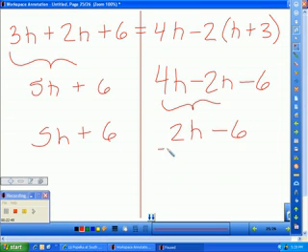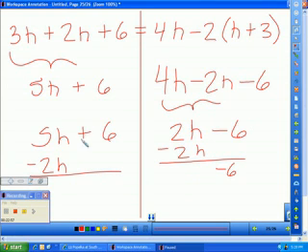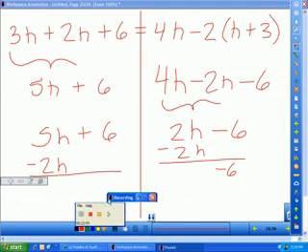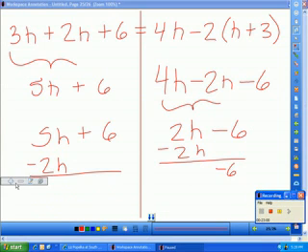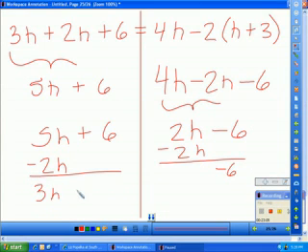I'm going to get rid of the one with the 2, which is going to leave me with a negative 6. I'm going to subtract 2h from over here, which is going to leave me with, let me scoot this stuff out of the way, 3h plus 6 is equal to negative 6.